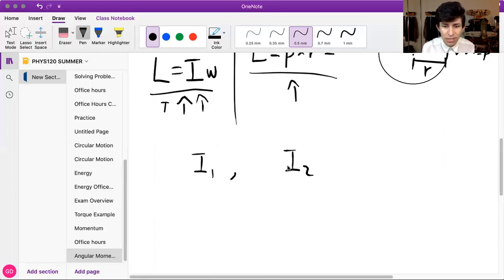What this means for these two cases is that the angular momentum during the first case has to equal the second case. So if there isn't anything acting on it, the angular momentum has to be conserved.